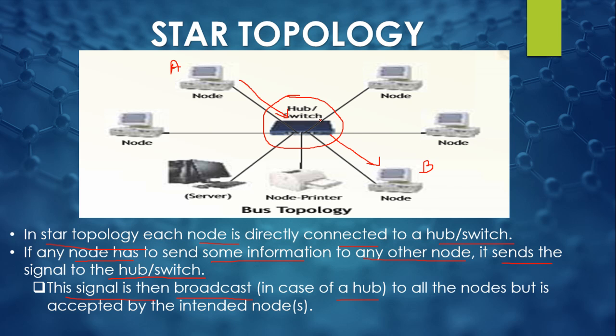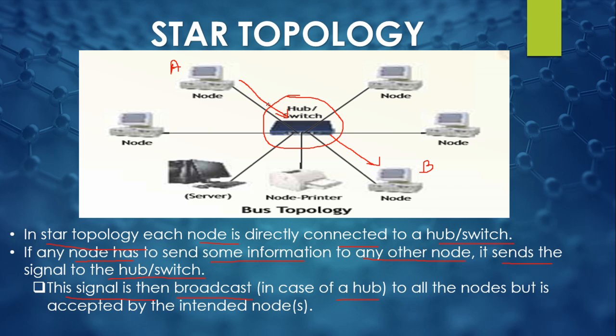Hub will send the data to all the systems present in the network. Hub will not check whether this message given by node A belongs to B or not. It doesn't check the message. It simply transmits the message to all the systems present in the network.